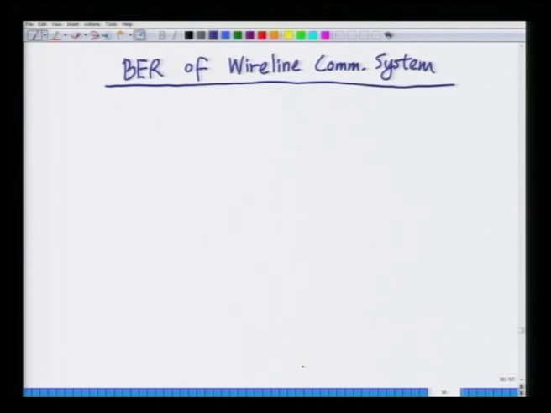Now, as we said before, we introduced a model for the wireline communication system. Before we said y equals x, that is the coefficient is 1, because there is no multipath propagation, hence there is no multipath interference, which means the received signal is what is transmitted, except there is going to be some noise at the receiver.